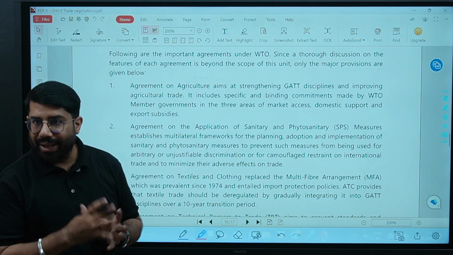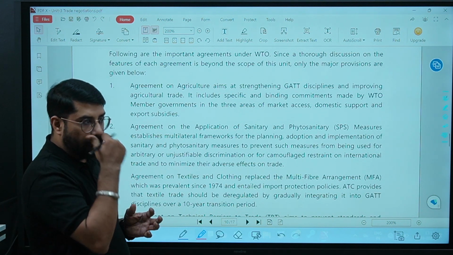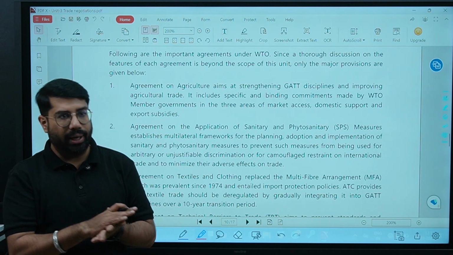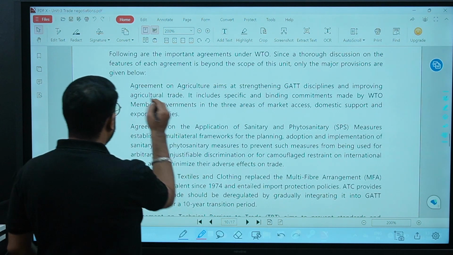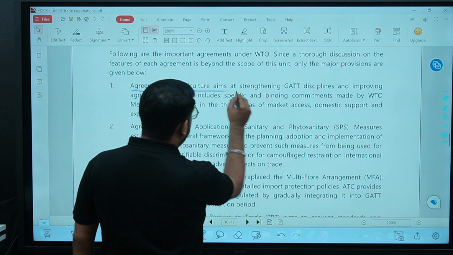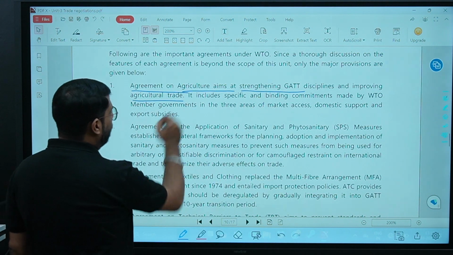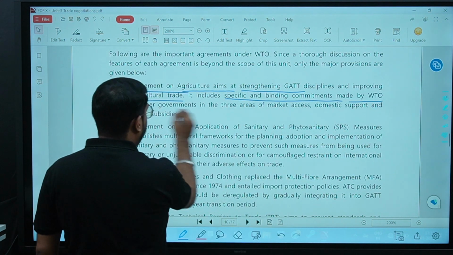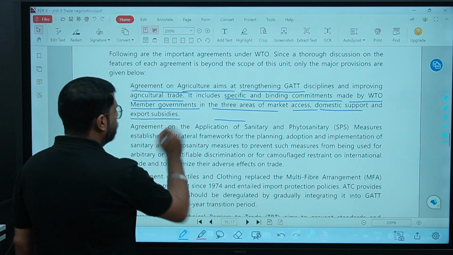These are the major types of WTO agreements that we use as the basis of considering the rules of WTO trade. Are we clear? First says, agreements on agriculture aims at strengthening GATT disciplines and improving agricultural trade. It includes specific and binding commitments made by WTO member governments in the three areas of market access, domestic support and export subsidy.